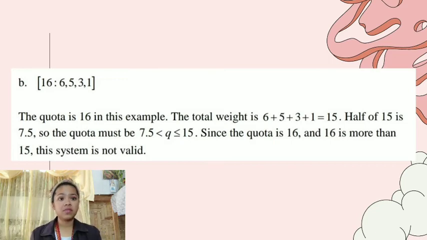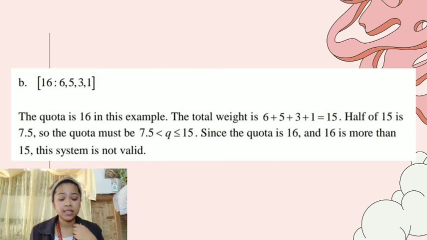And half of 15 is 7.5. So the quota must be more than 7.5 and less than or equal to 15. Since the quota is 16 and 16 is more than 15, the system is not valid. We're going to make the system valid.